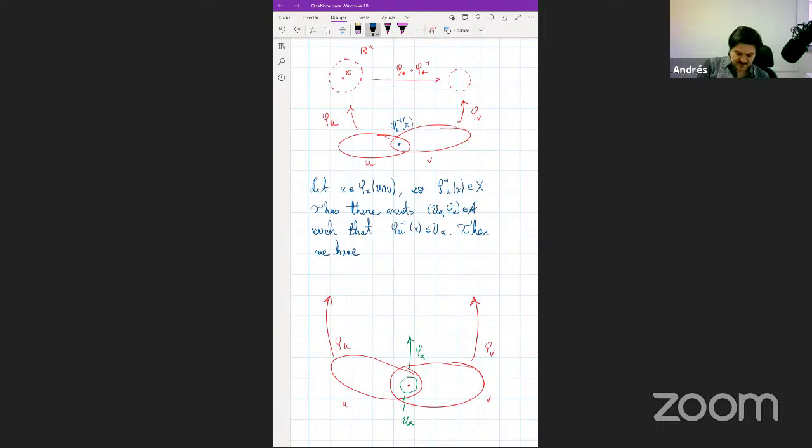So now, phi alpha, U alpha is from the atlas. I'm going to have a function here. What function is that? It's going to be phi.